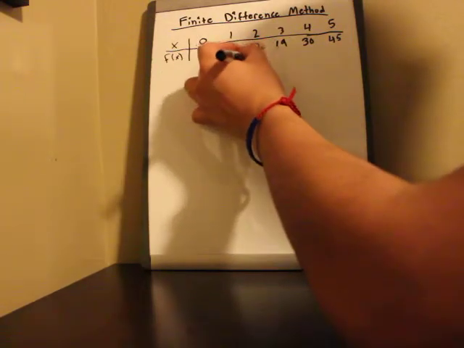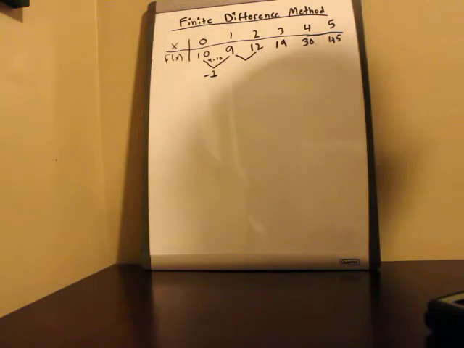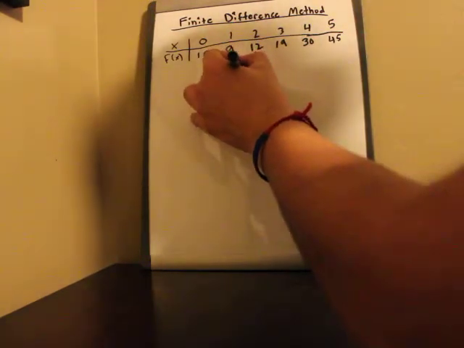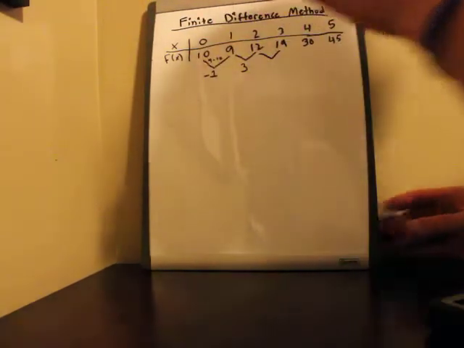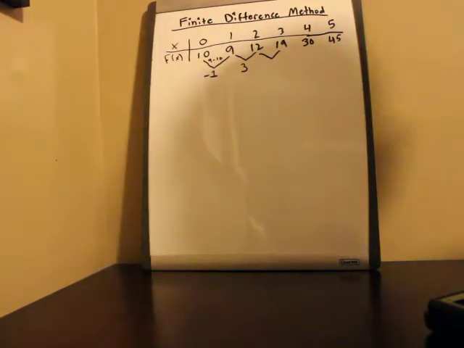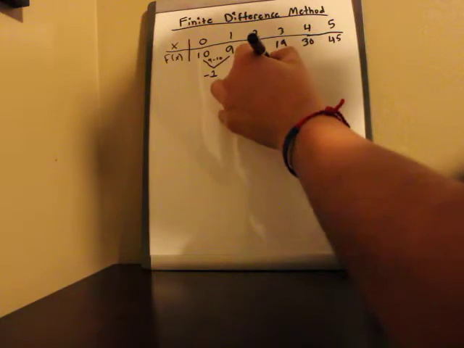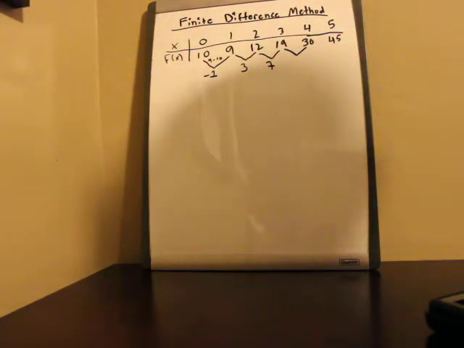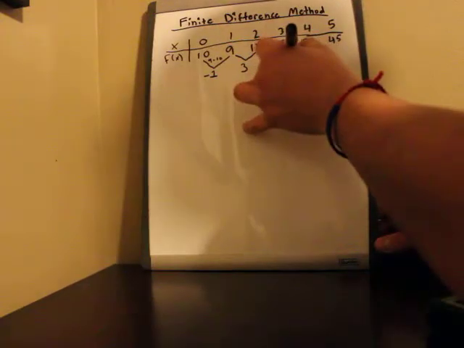Now we're going to have 12 minus 9, which is just going to be 3. Then we have 19 minus 12, which gives us 7. Then 30 minus 19, which gives us 11.